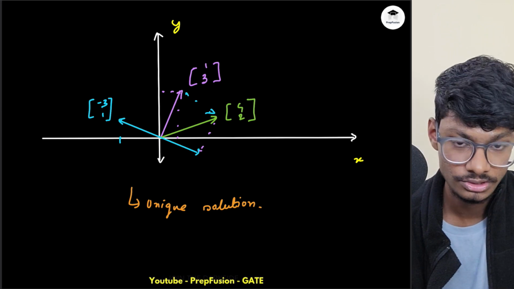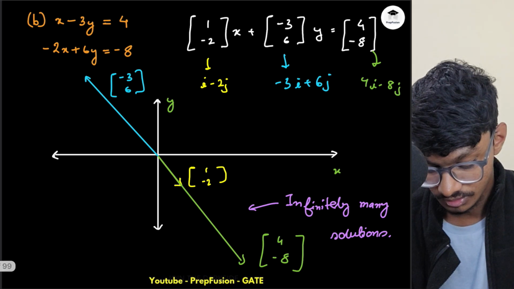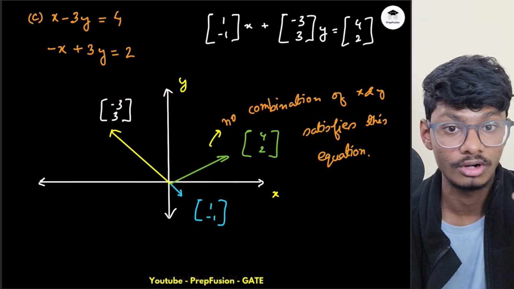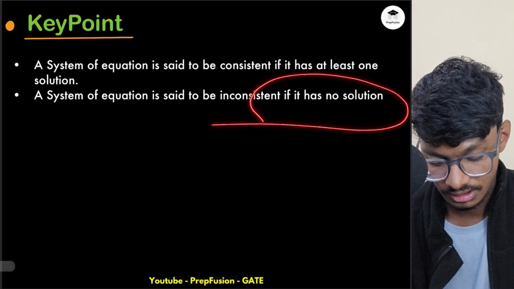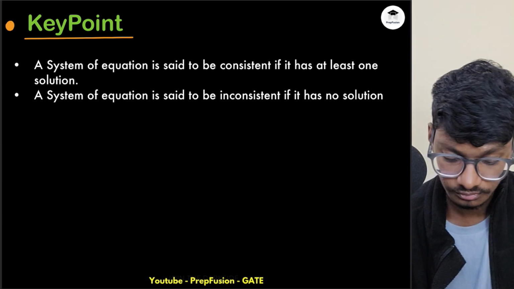As we saw in this case, even if they are equal, we may not be able to find a solution. Then it is called an inconsistent set of equations.